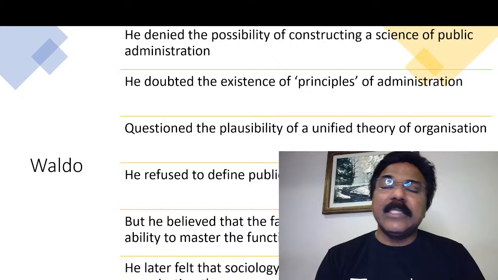So Waldo, despite all the fact that he doesn't treat it as a science of administration, with principles, universality, or unified theory, and refuses to define it, and says government cannot be run like a business, despite all this, he truly believed that administration is critical for the survival of civilization. Just wrapping it up.